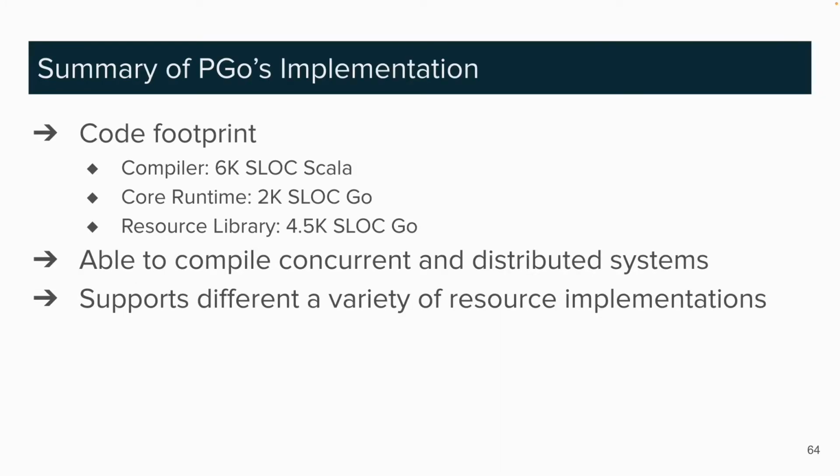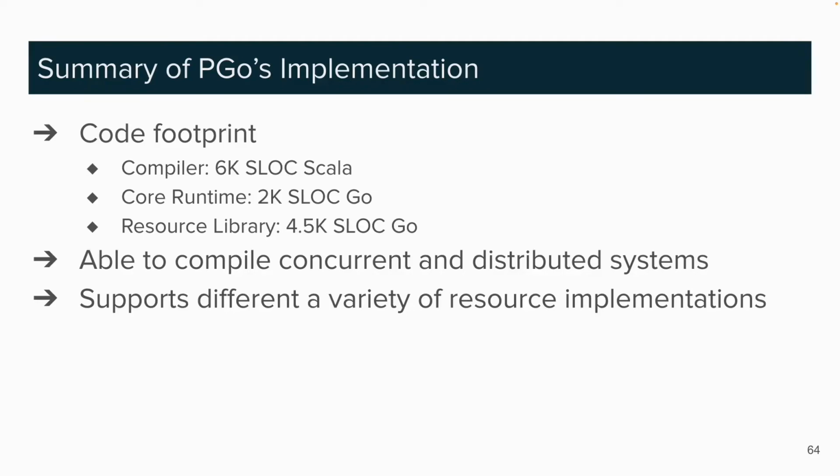To summarize what our implementation is, it's currently about 6,000 lines of Scala, about 2,000 lines of Go for the core runtime with all the scheduling functions and basic scaffolding, and we have 4,500 lines of resource implementations, which are all those implementations we were just talking about a moment ago.